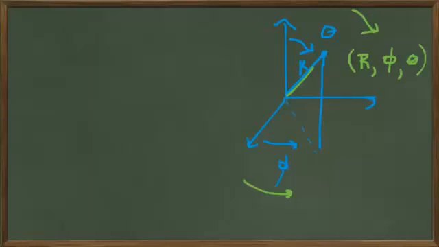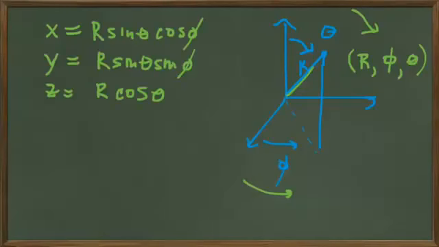Conversion from rectangular to spherical is quite a bit more complicated, and here's what we have. You can see some similarities to polar coordinates. The x has the cosine phi on it, the y the sine of phi, and we also have these similar relationships to the polar coordinate to rectangular coordinate system.